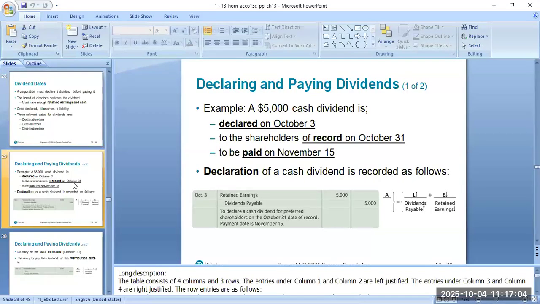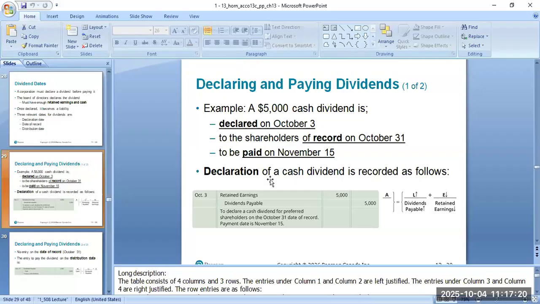Here's an example: a $5,000 cash dividend is declared on October 3rd to the shareholders of record on October 31st, and the dividend is going to be paid on November 15th.